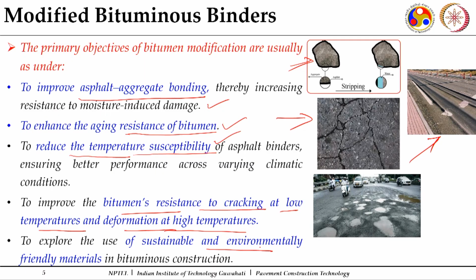There we are trying to make use of some waste product in the binder modification, and the product we want to achieve is a good product with higher performance, and more environmentally acceptable because you are making use of waste products or alternate materials in construction. So, these are certain reasons because of which binder is modified.